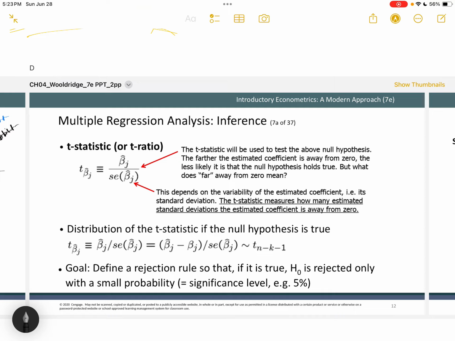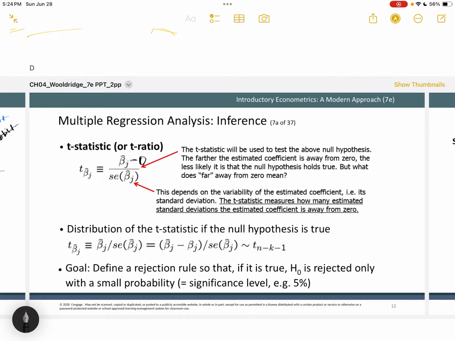This will help us test the hypothesis. So, if in the null hypothesis we hypothesized that beta j was equal to 0, then in our t-test we have to subtract 0 from beta hat j, the estimated coefficient. Now I do have examples coming up, so don't be discouraged at this point.